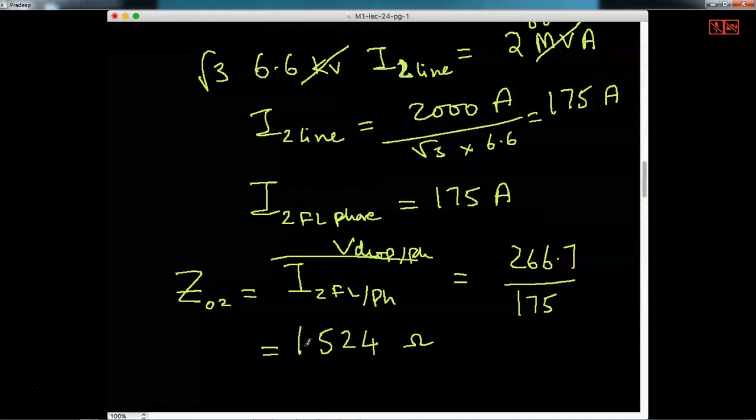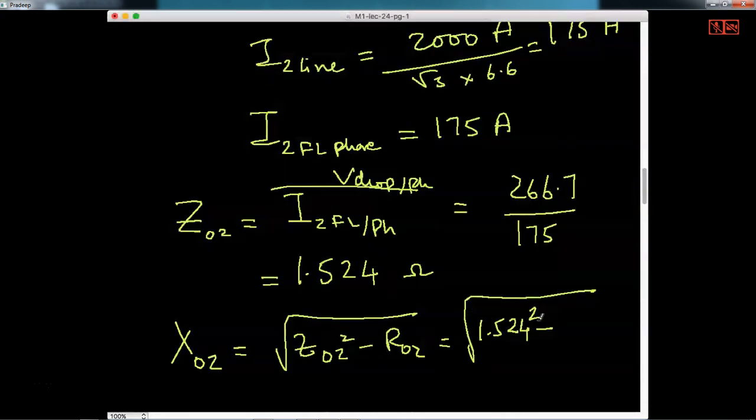So from that, I can find what is X02 per phase. So that is square root of Z02 square minus R02 square. That is square root of 1.524 square minus the R02 we had just calculated, 0.1867 square. So this is another part of the problem.